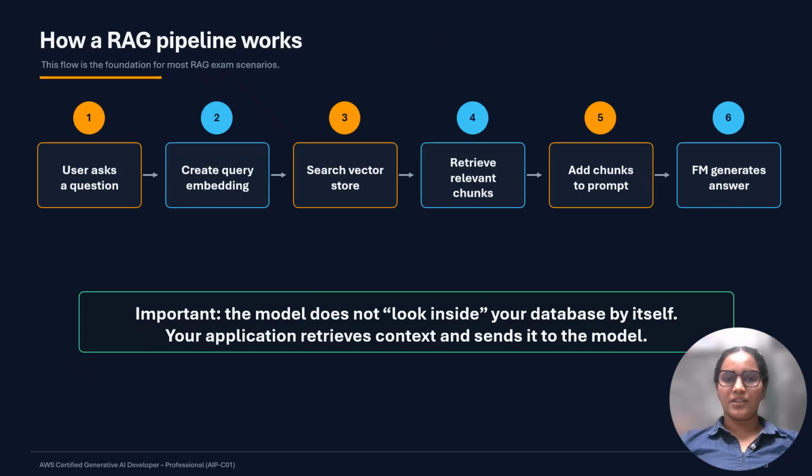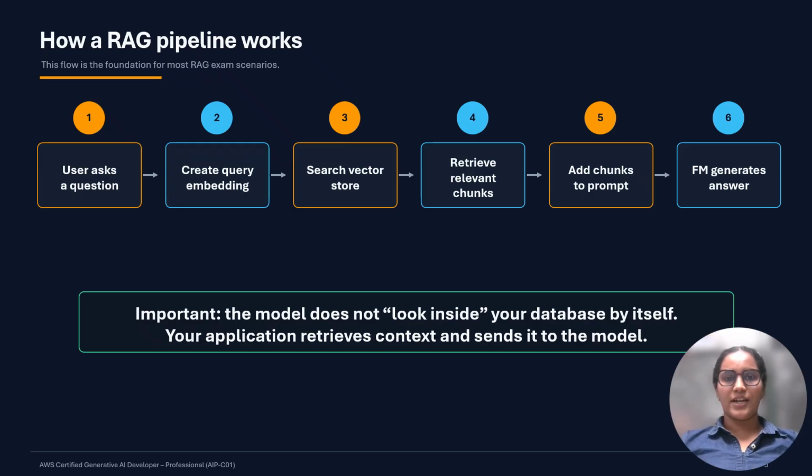Here is the basic RAG pipeline. First, the user asks a question. Second, the application converts that question into an embedding, which is a numerical representation of meaning. Third, the application searches a vector store to find document chunks that are similar to the question. Fourth, it retrieves those chunks.